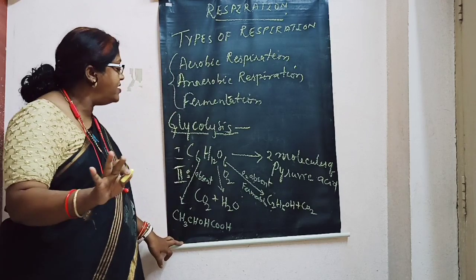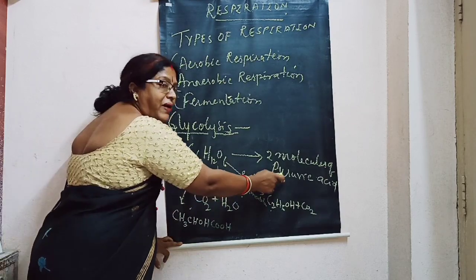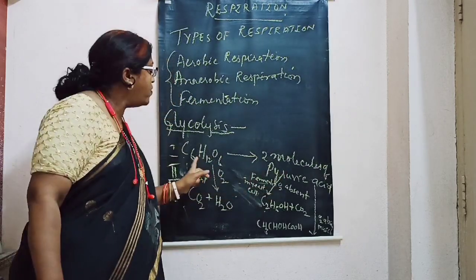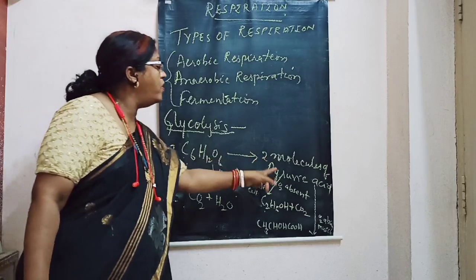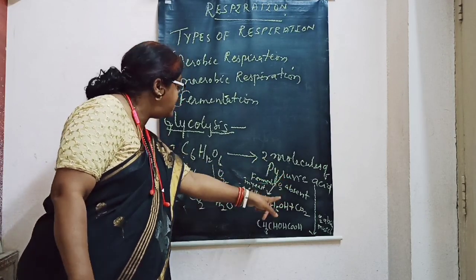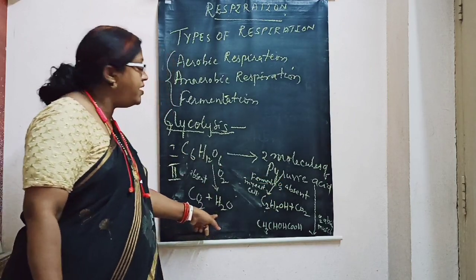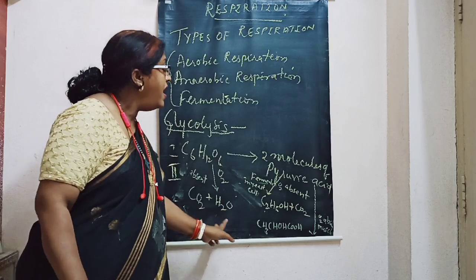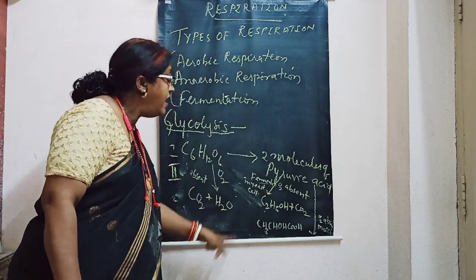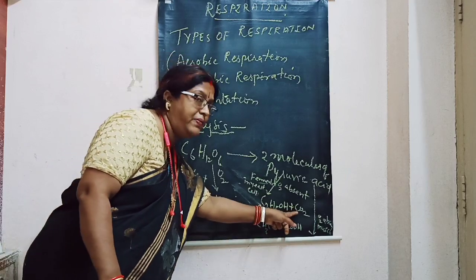So whatever it is, glucose must be converted to pyruvic acid. Glucose is converted to 2 molecules of pyruvic acid, and then if oxygen is present, pyruvic acid is converted to carbon dioxide and water. That is called aerobic respiration. And if oxygen is absent in yeast cells, it is converted to ethyl alcohol and carbon dioxide.